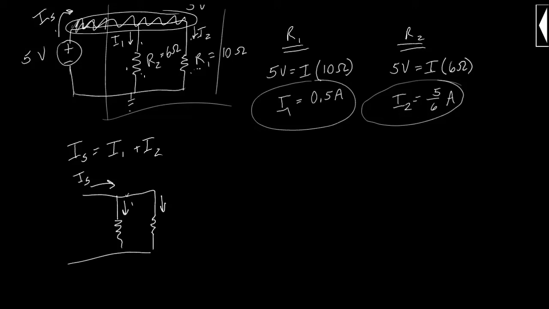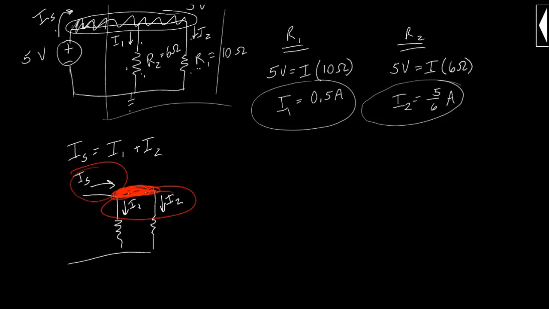This is your first path, this is your second path, and both of these coming out of this junction, let me draw it in red, this junction here, where both of these resistors are connected to, essentially states inputs equals outputs. So whatever's coming in also has to end up going out, which is another conservation application.